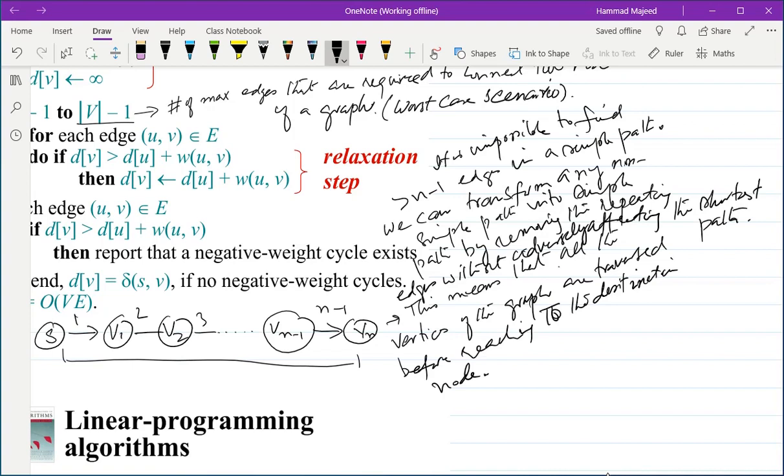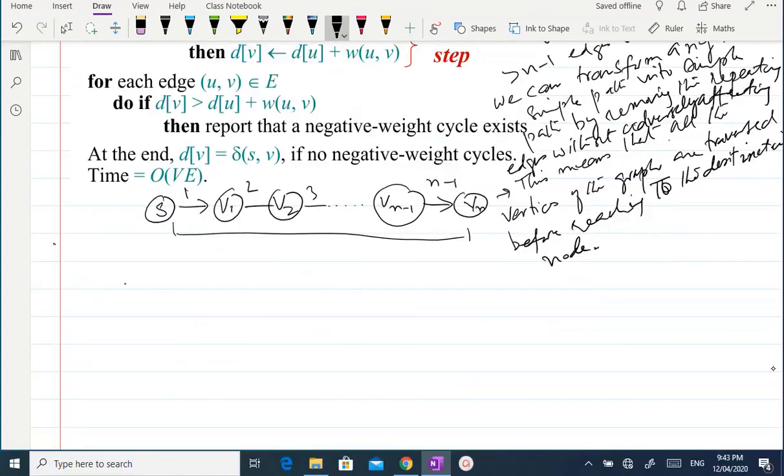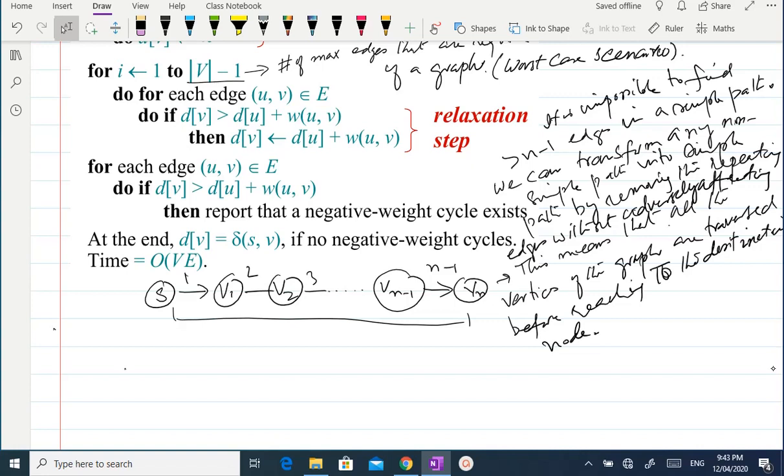Once we remove a repeating edge from the path, that will not have any negative impact on the path, because we are reducing the number of edges. And if that edge has a positive impact on the overall path, that means we are still reducing it. So we are not making it worse. That is why it will always improve upon the previous case. That is the justification behind V minus 1 iterations. So hopefully it is clear now why we have V minus 1 iterations.